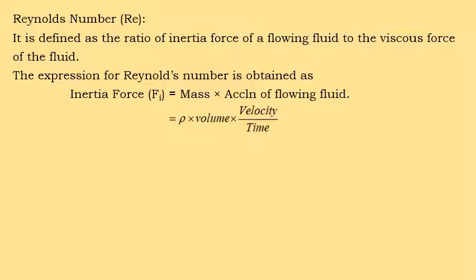The acceleration of the flowing fluid is equal to the change in velocity with respect to time, that is velocity by time. So here, rho into volume by time is called the mass flow rate, in kg per second. Then it is multiplied with the velocity.